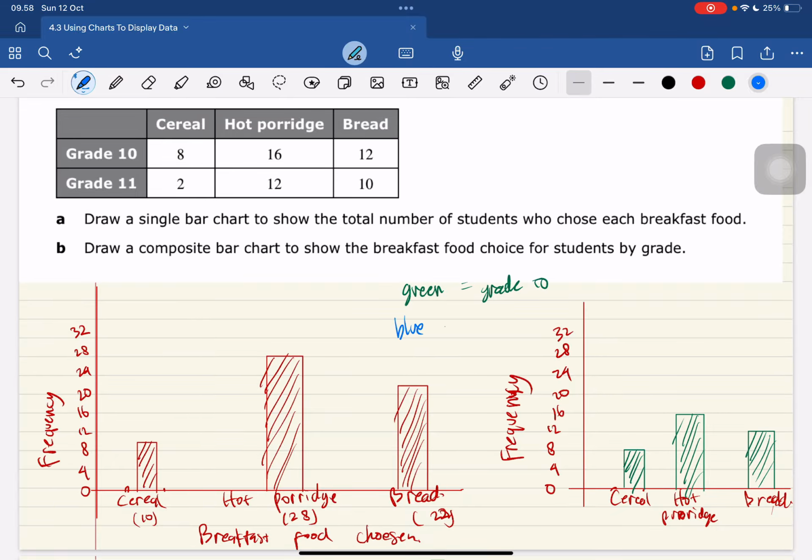Blue, that is grade 11. So only 2. So somewhere between here. And it's 12. So 16 plus 12 is here. Next, 12 plus 10. So 10 from 12 is going to be 22. So somewhere around here. Okay, there it is for number 4.